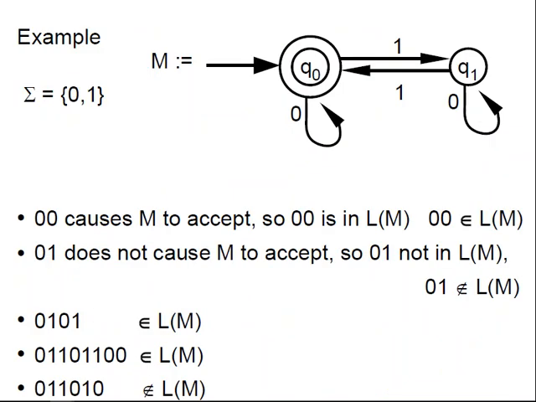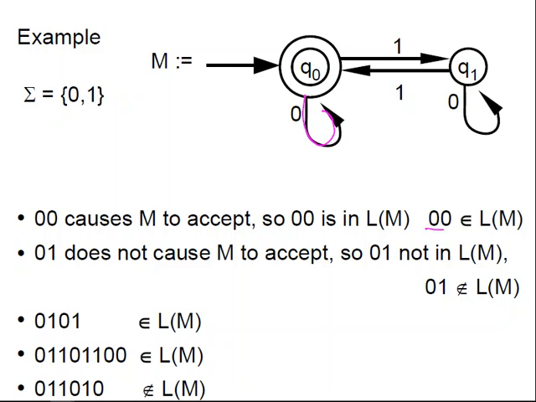Great. Let's see other examples. Again, we have the alphabet 0, 1. Here is another M. We see that 0, 0 causes M to accept. We start in Q0, and if you follow two zeros, we end up here.